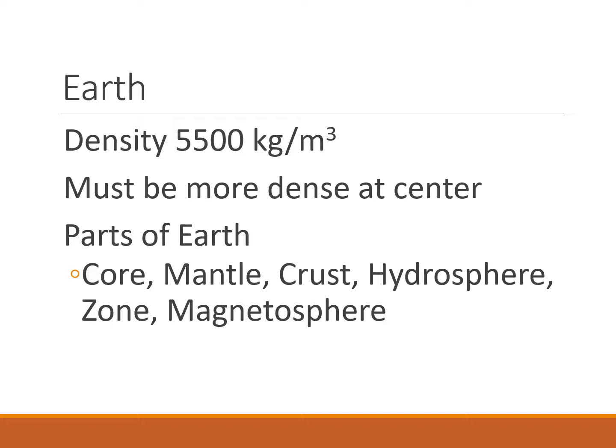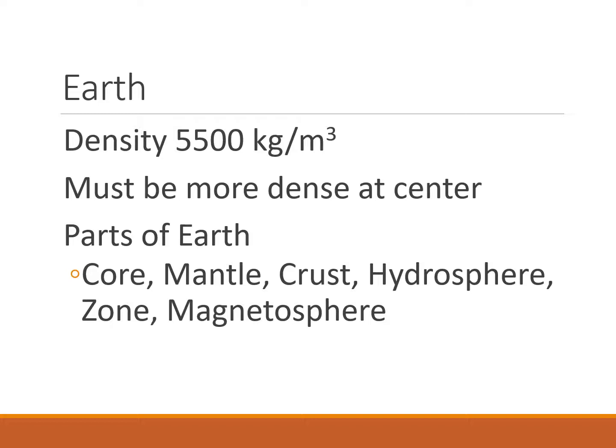The water on the surface of the planet is only 1,000. Notice the density of Earth is about 5,500 kilograms per meter cubed, which is greater than the 4,000, which is the high end for rock. This means that the center of the planet, or at least some part of the planet, has to be more dense than rock.